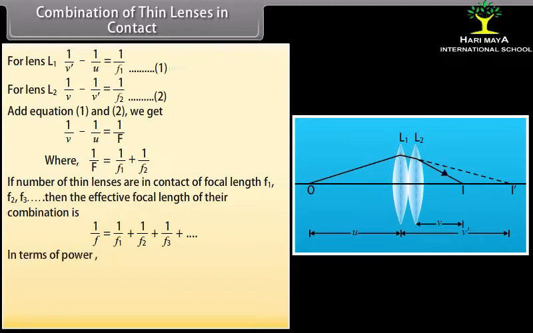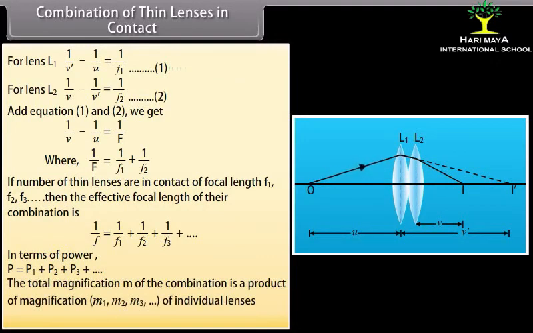In terms of power, P is equal to P1 plus P2 plus P3 and so on. The total magnification M of the combination is the product of magnifications M1, M2, M3 and so on of the individual lenses. M is equal to M1 times M2 times M3.